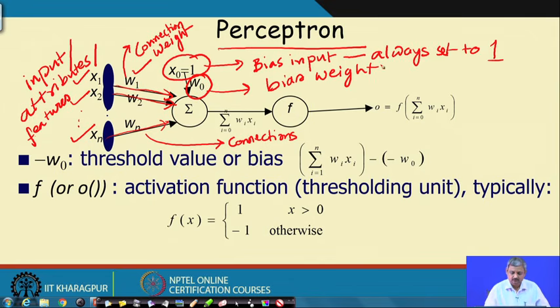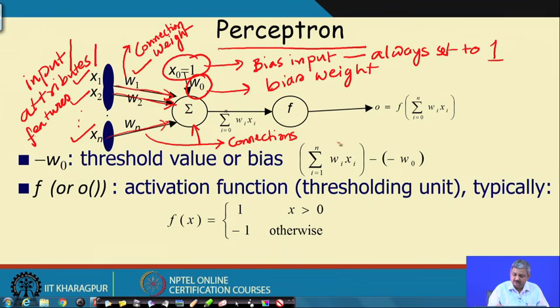Then let us see what this neuron does. It is a sigma operation, it just adds up these weighted inputs.